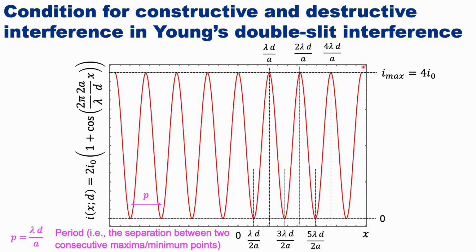The maximum is 4 and the minimum is 0 because both holes emit the same intensity.